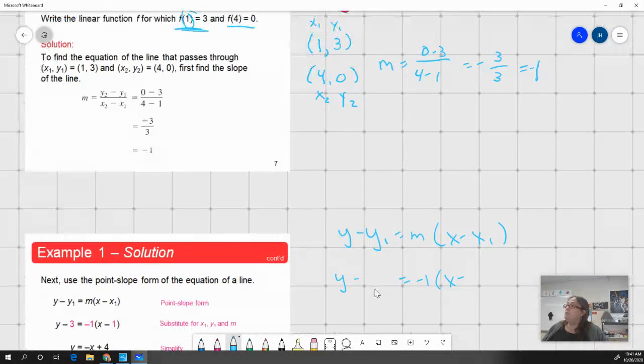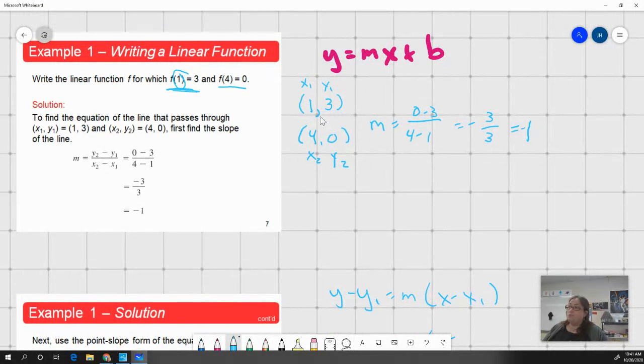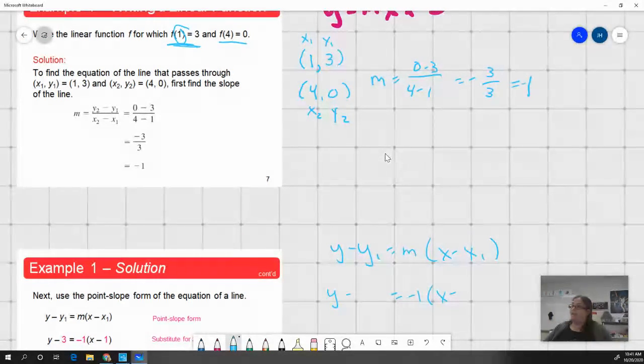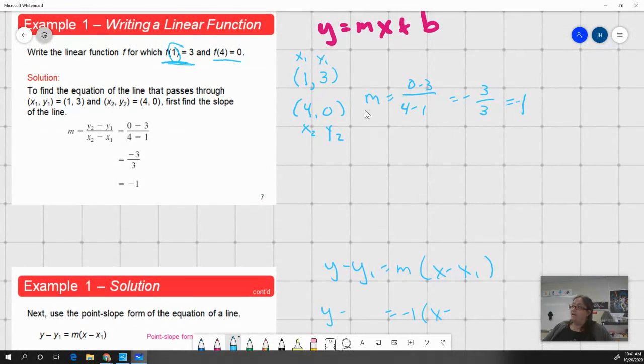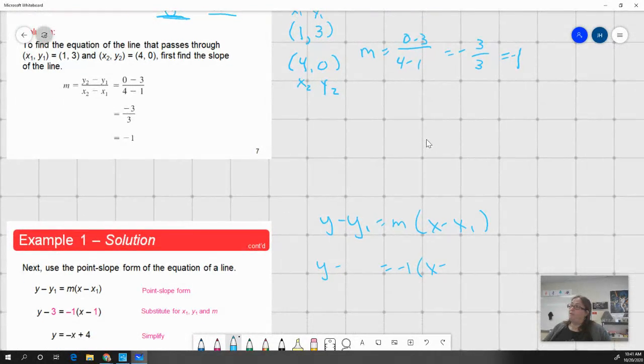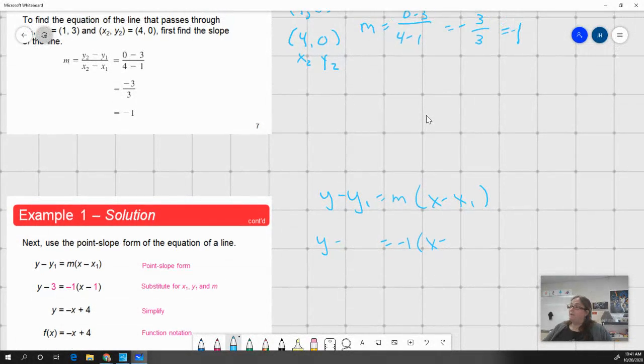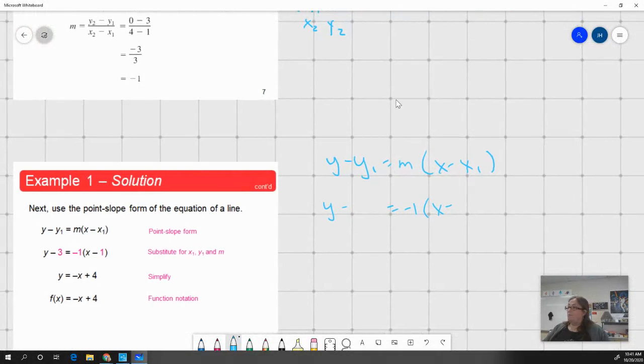We can use either of these two points, right? But we already have one that's slated as x1, y1. So I'm just going to plug those in where I see them, right? So my y1 is 3. So I have y minus y1, y minus 3.